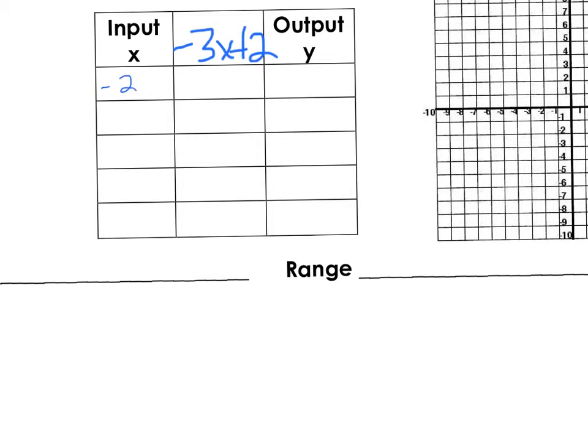I'll pick the same values and just start plugging in. You can find the outputs by plugging into each rule, or if you want to fill out the table like this first and then do your math, that's fine too. However you'd like to do that.